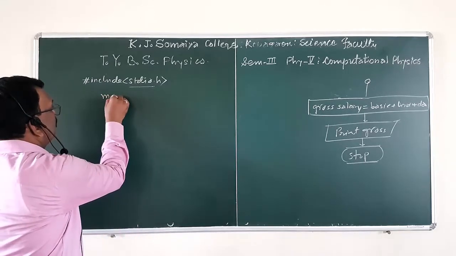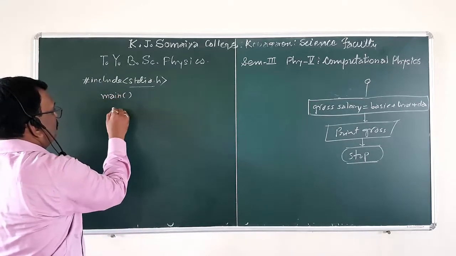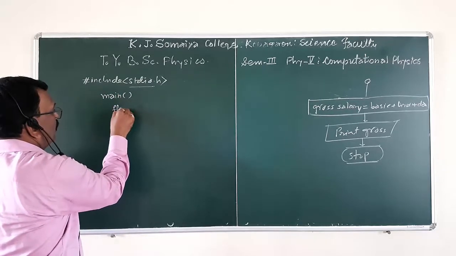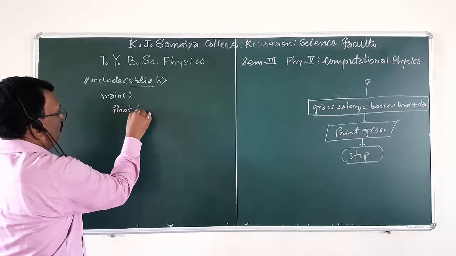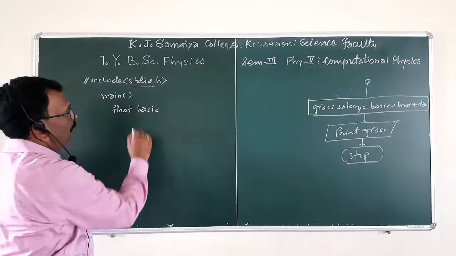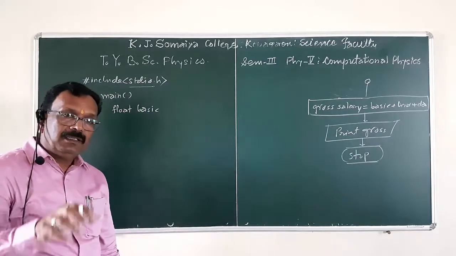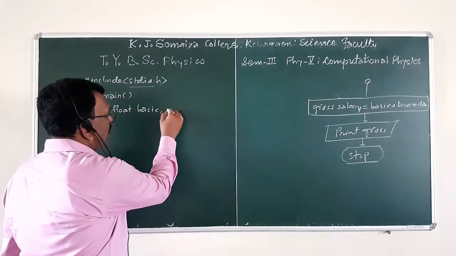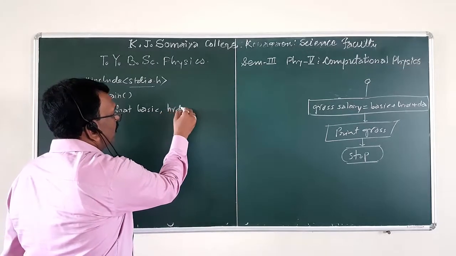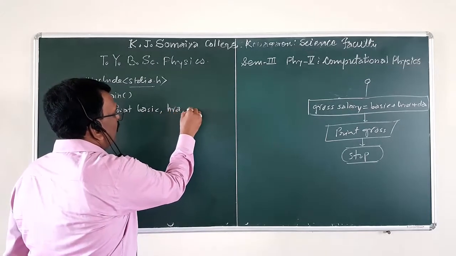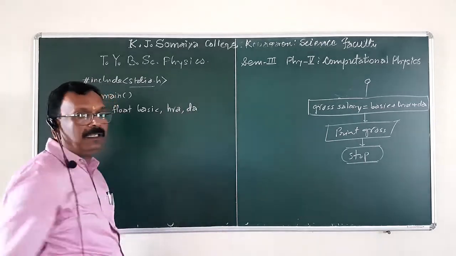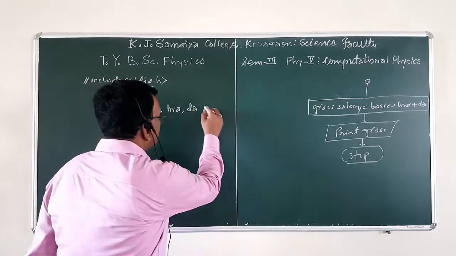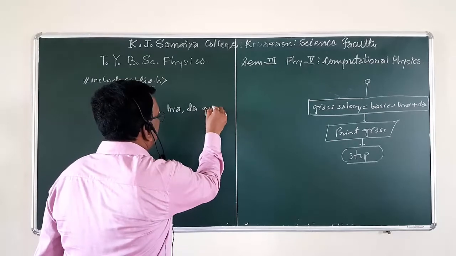Then the main function, then float basic, which may be in real numbers, that is along with decimals. Therefore, here will be basic, HRA, DA and gross.